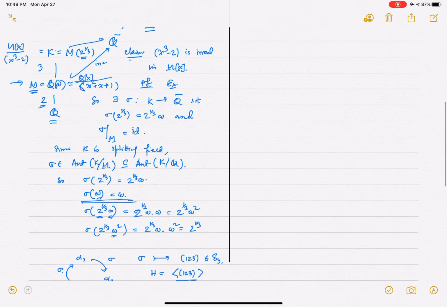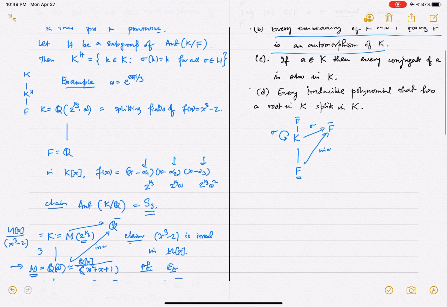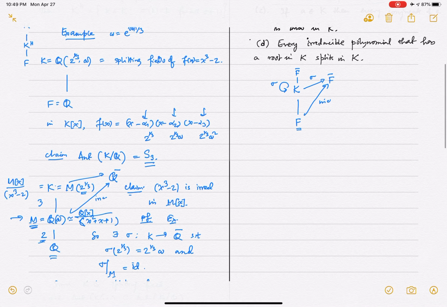So I did not, I suppose, introduce the words, but let me state a lemma and then I would be able to. Let k over F be a finite extension. Then the following are equivalent.